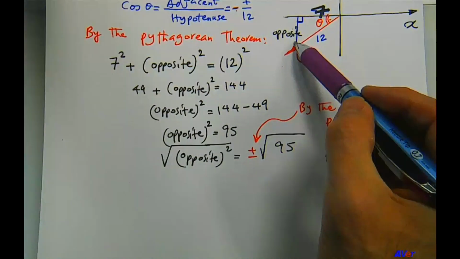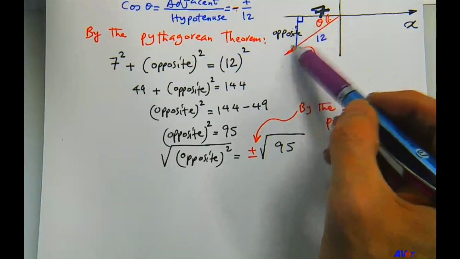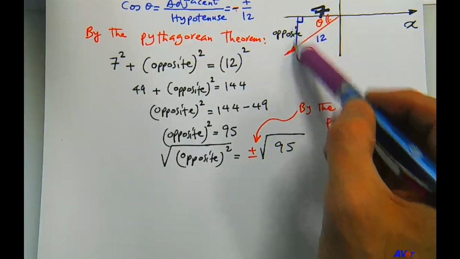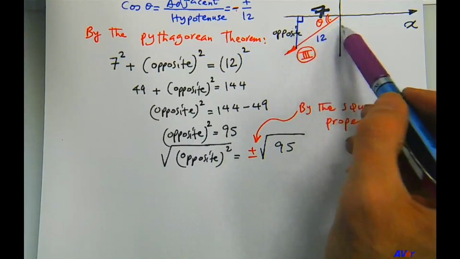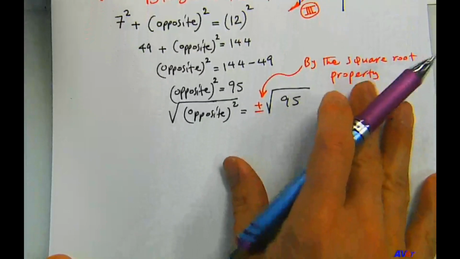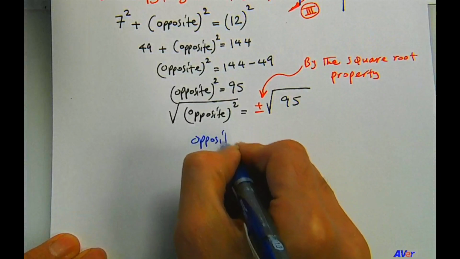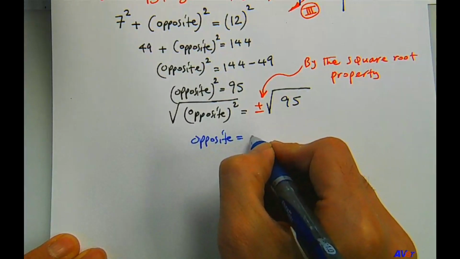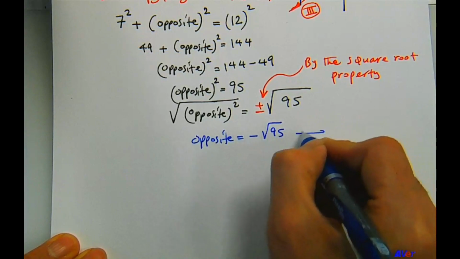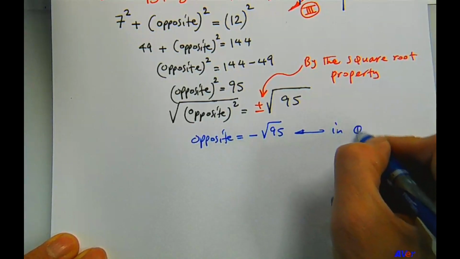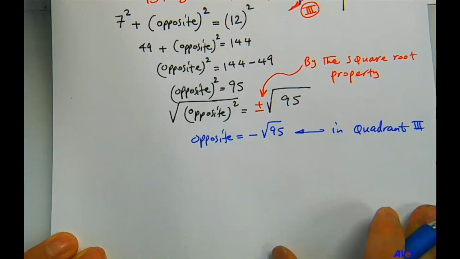The opposite side is in the third quadrant where the y values are negative, right? This is a y value, so in the third quadrant it is negative. So therefore, we have the opposite side is equal to minus the square root of 95 in quadrant 3.